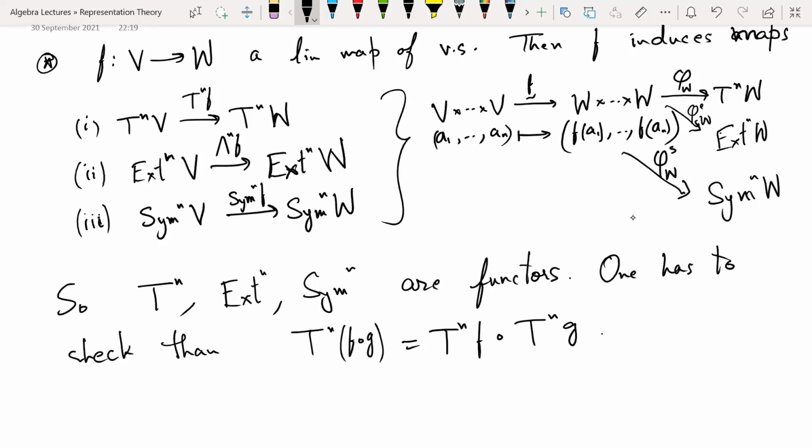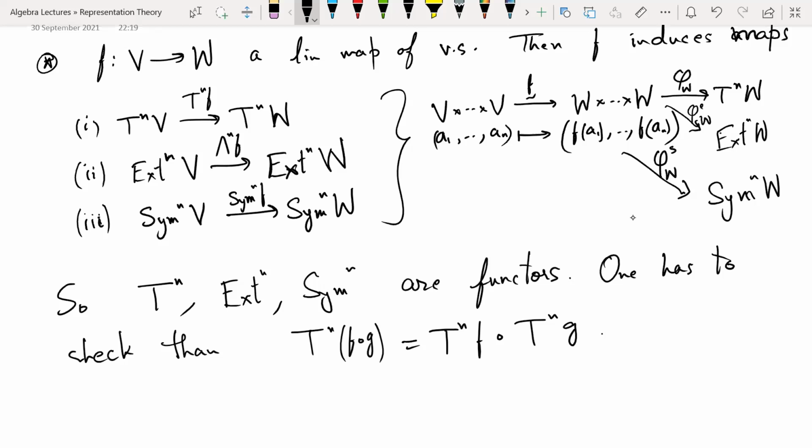But what I wanted to say is that it induces a map. So not only does it send a vector space to another vector space and so on, it also sends maps to maps between the corresponding gadgets. This is the phenomenon which we saw even when we were doing algebra 3, like the Hom functor and tensor; we didn't do tensor, but Hom at least I think we did.